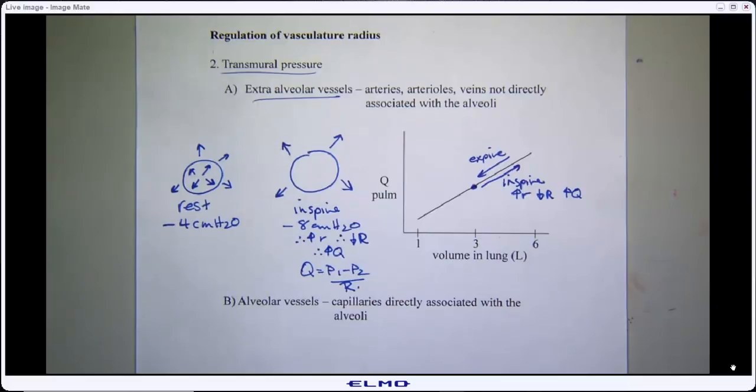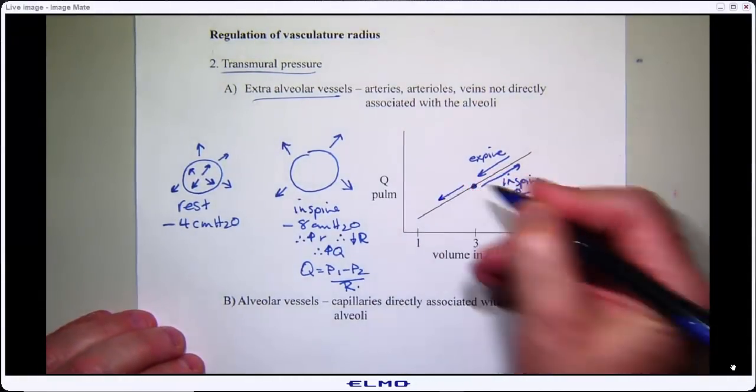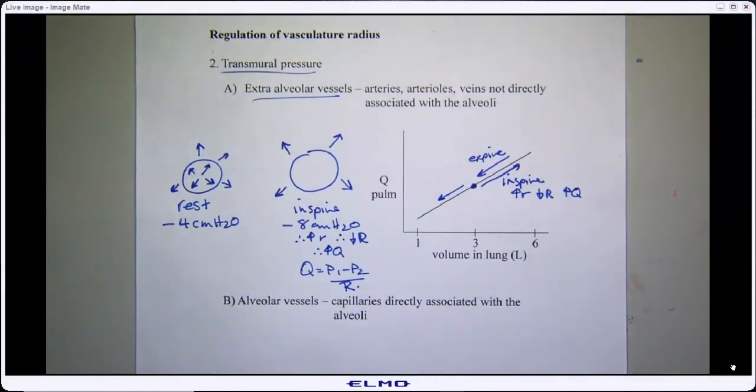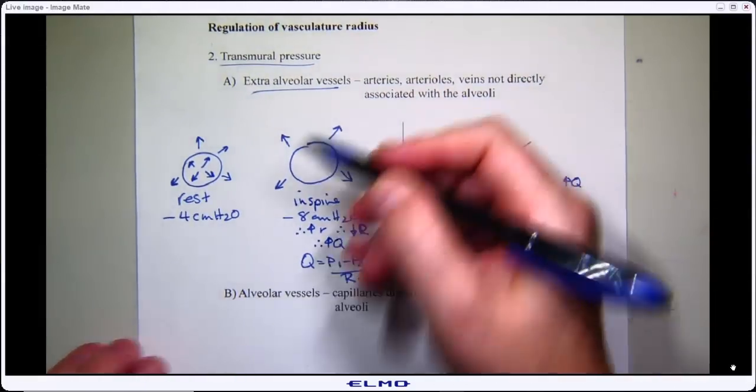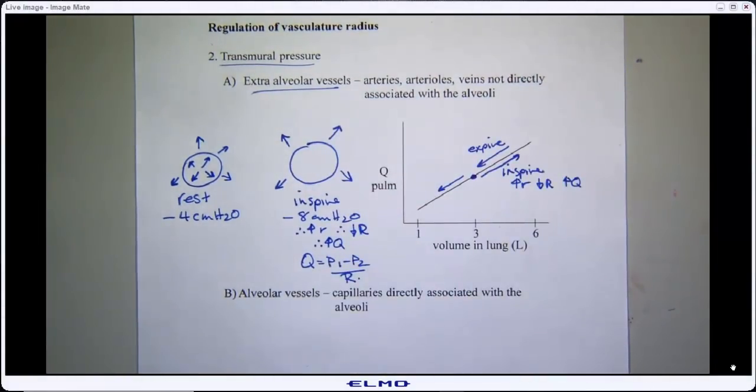Okay? If you forced expired, you could actually get flow to go down, right? So if you're at the end of a breath right now, you can contract muscle in a way to force extra air out. Give it a try. If you force extra air out, transmural pressure now is in this direction: drop radius, increase resistance, decrease flow.